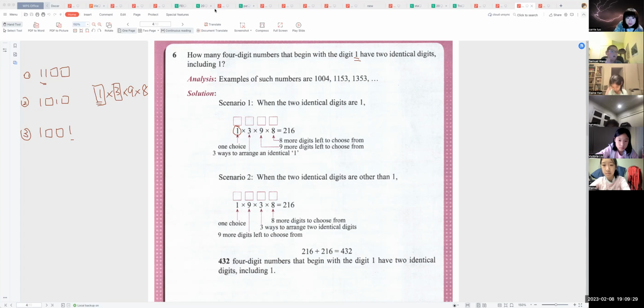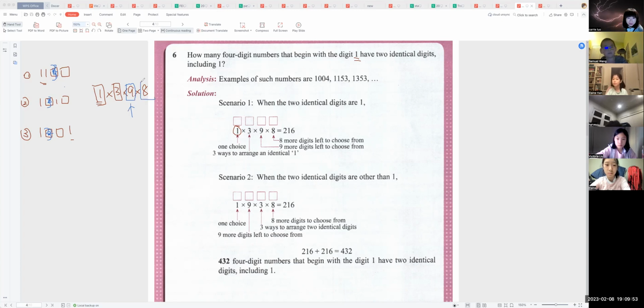Okay, so let's take a look at this one. So if this one's like that, what kind of number could we put there? I could put 0, right? And I could put 2. I could put 3. I could put 4. So that's why the answer is 9. Correct?